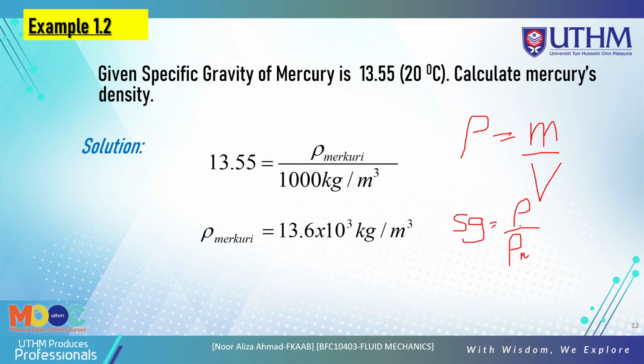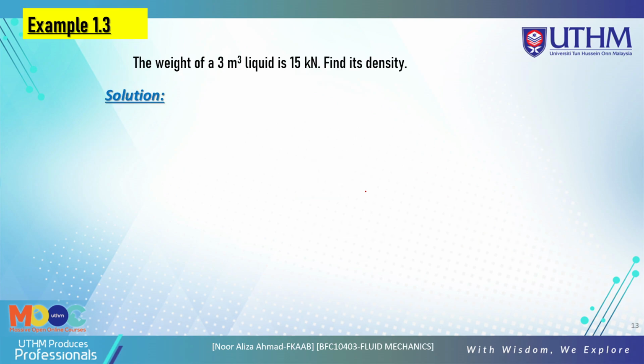St, the specific gravity, is 13.55. So to get the density of mercury, multiply by 1000 kg per meter cube, the density of water. Okay, so the density of water, we use this value here.